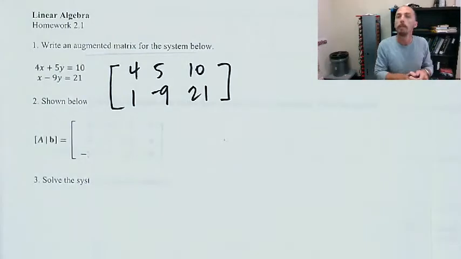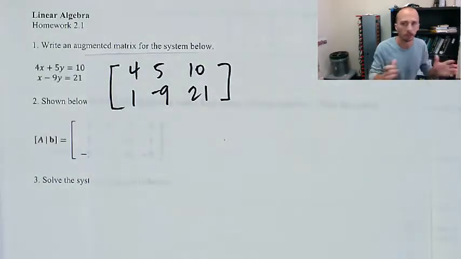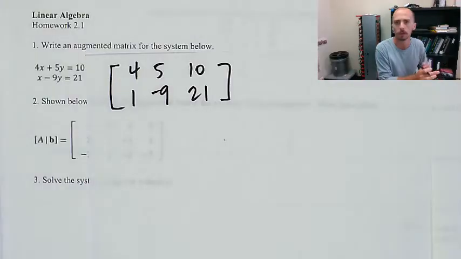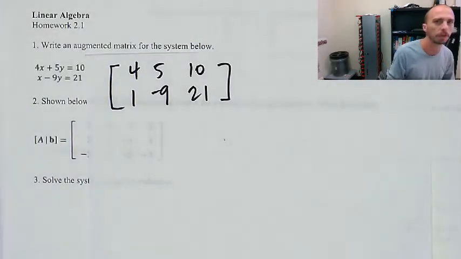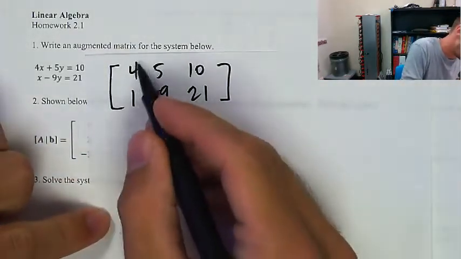Okay, but if that's all you need, feel free to skip forward in the video. But maybe you need some help with your row reduction, so I'm going to try to row reduce as many of these as possible, even if it doesn't ask me to, just to give you something to look at. Okay, so I'm going to use this 1 to clear out that 4.